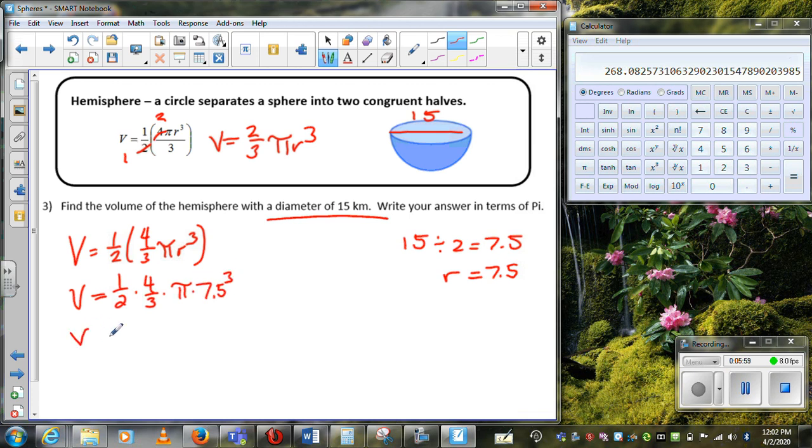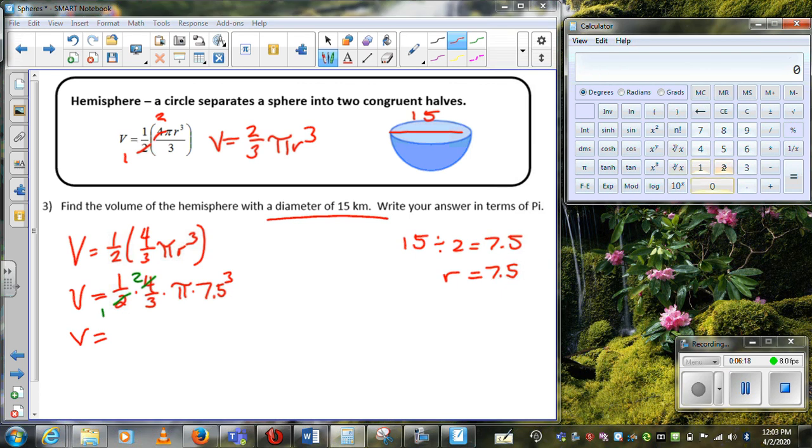Now that's going to be a lot to type in your calculator. If you want, again, you could do a little simplifying here. 2 goes in there once, 2 goes in there twice, making it a little bit easier for us to type in our calculator.